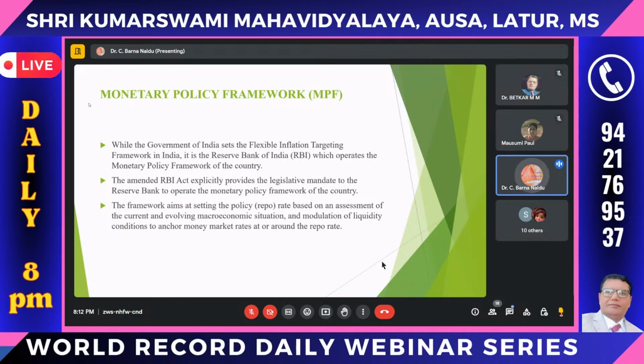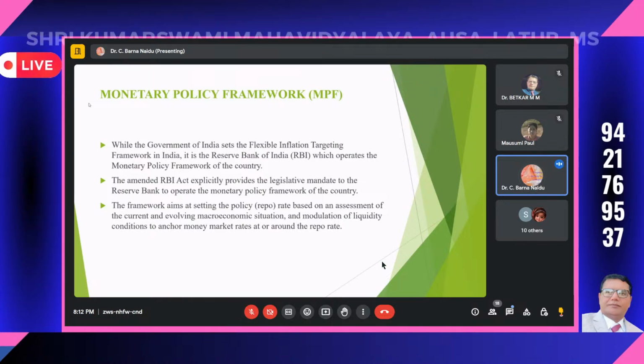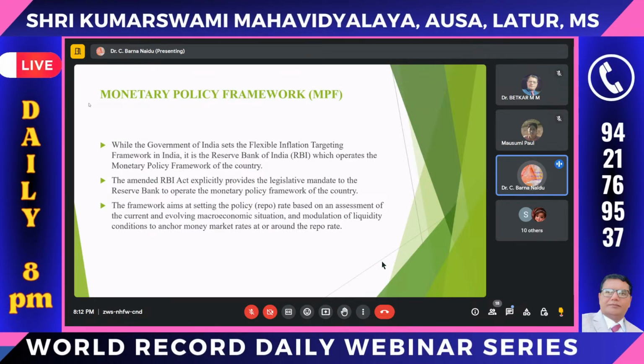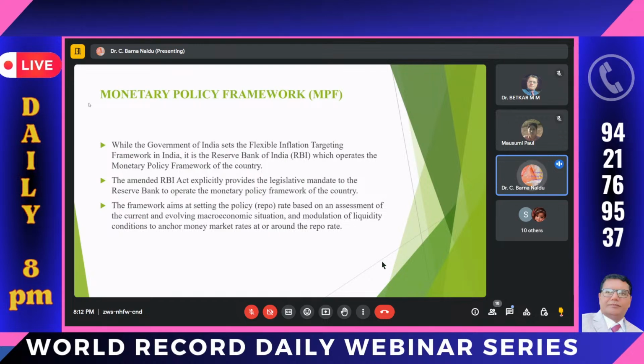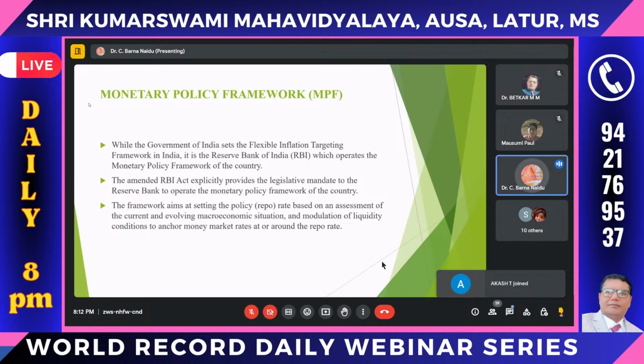This framework aims at setting the policy repo rate based on an assessment of the current and evolving macroeconomic situation, and modulation of the liquidity conditions to anchor the financial part of the money market at and around the repo rate.